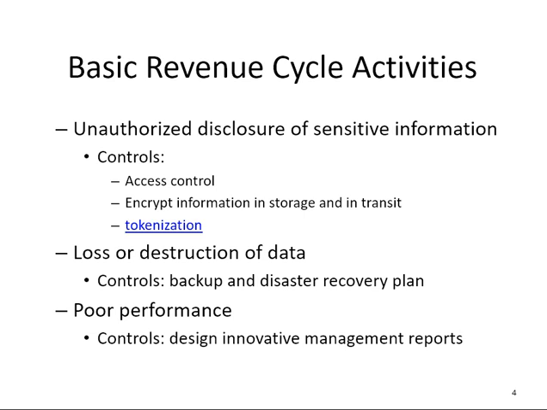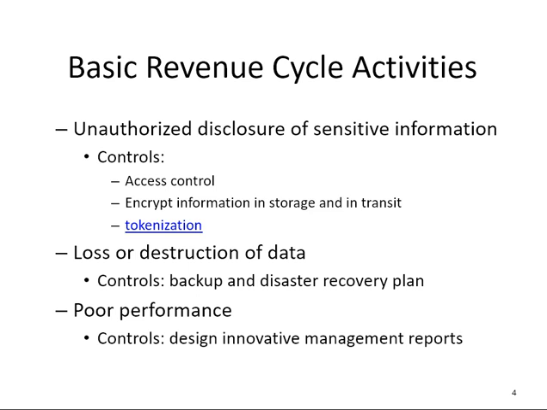The second general threat is unauthorized disclosure of sensitive information, such as pricing policies or, most likely, customer personal information. One way to mitigate this risk is to have access control, so that only authorized employees can view the information.